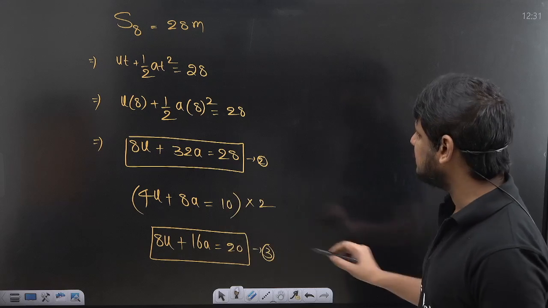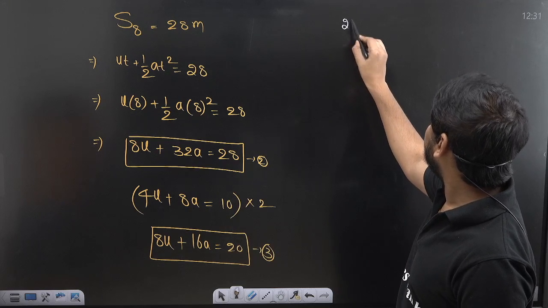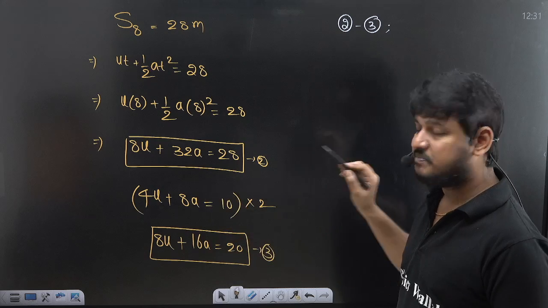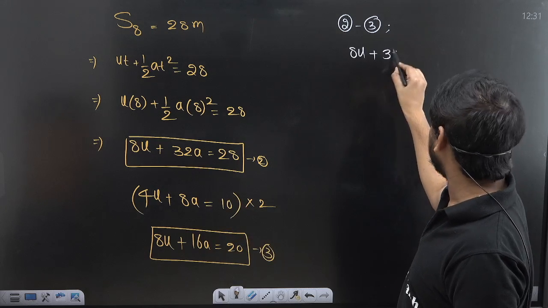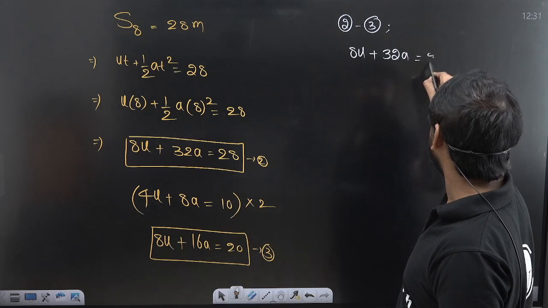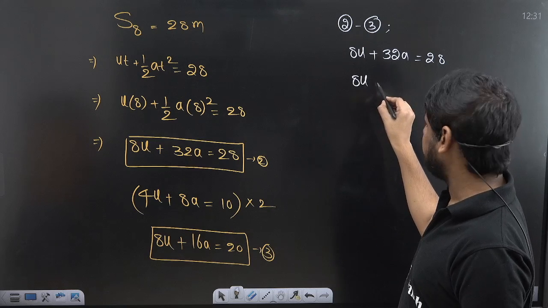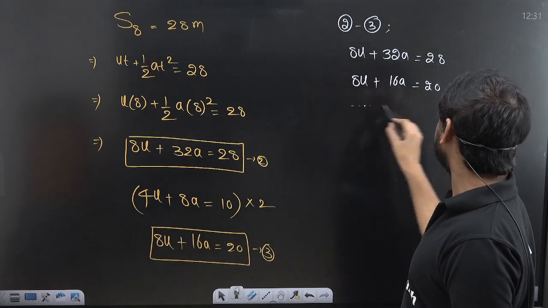Now let's solve: equation 2 minus equation 3, I am doing. Let's subtract equation 3 from equation 2. What is equation 2? 8u plus 32a is equal to 28. And equation 3 is 8u plus 16a is equal to 20. Then simply subtract.